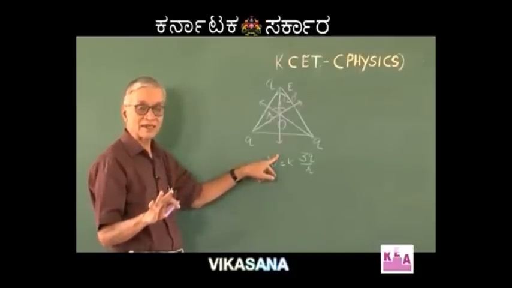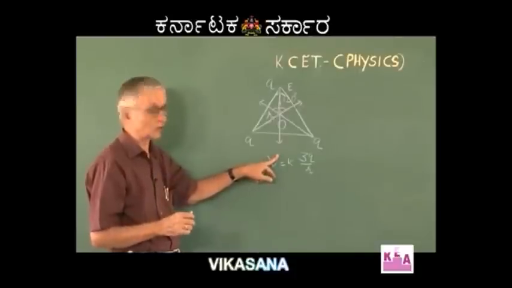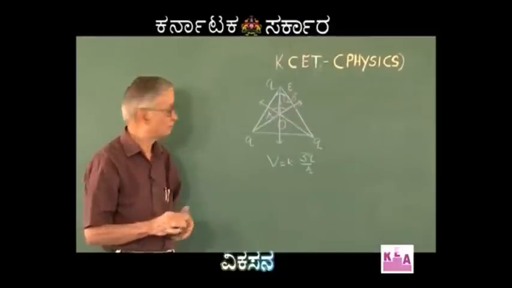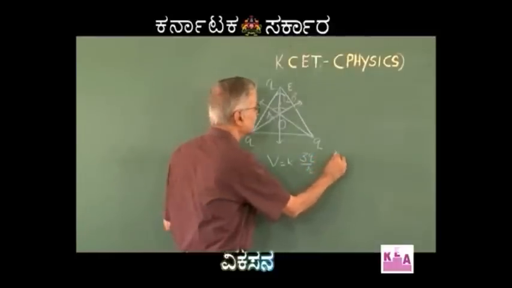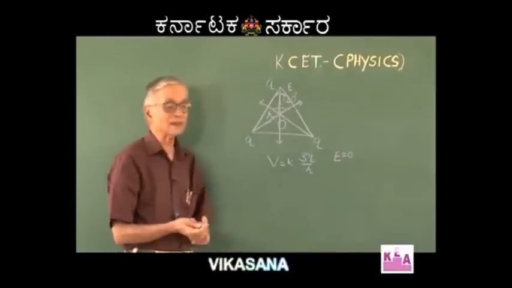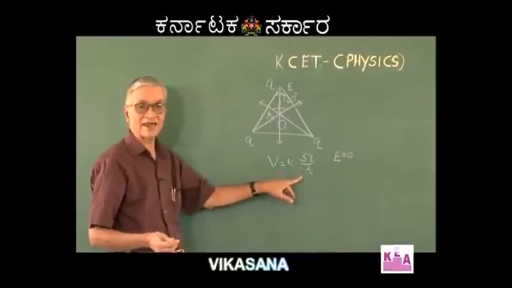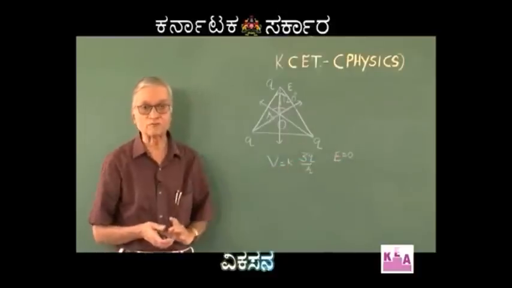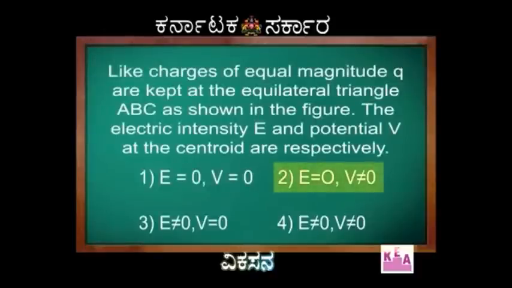They are equal in magnitude and opposite in direction. Therefore, the resultant intensity is going to be equal to 0. Therefore, the intensity E is equal to 0. Note that potential is finite, intensity is equal to 0. Therefore, the correct option is E is equal to 0 and V is not equal to 0.